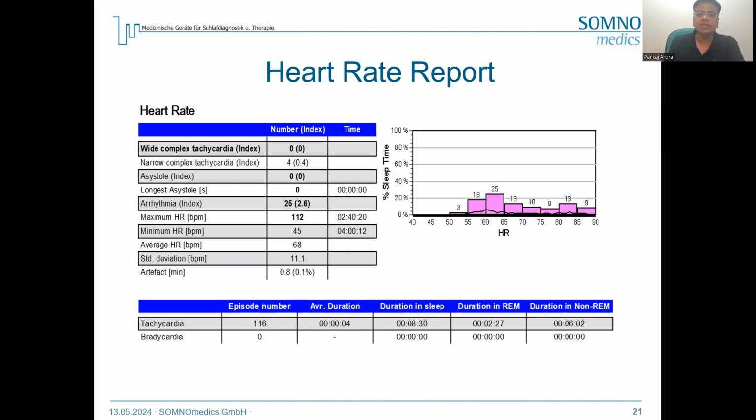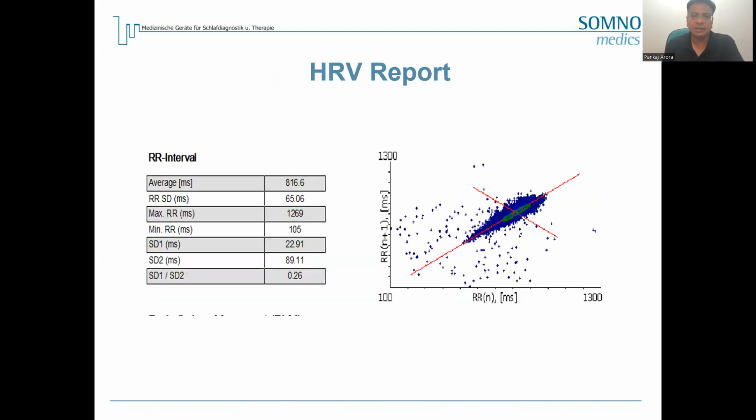So we come to know whether the patient is having some kind of issue or some kind of arrhythmia happening in the ECG. That is what the heart rate report gives you. It also gives you a heart rate variability report, which gives you a better indication of heart health.